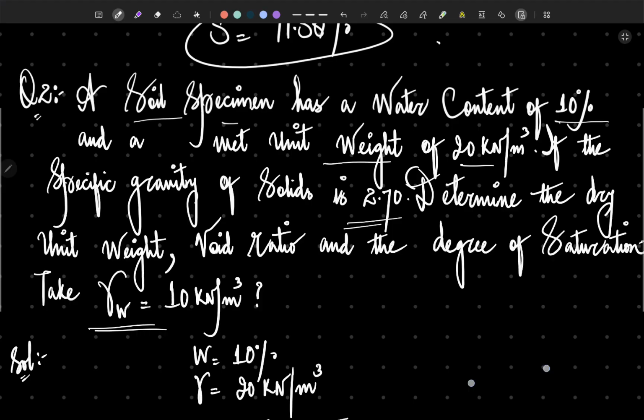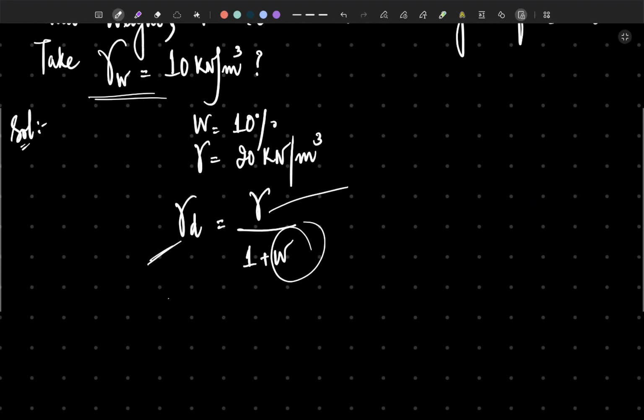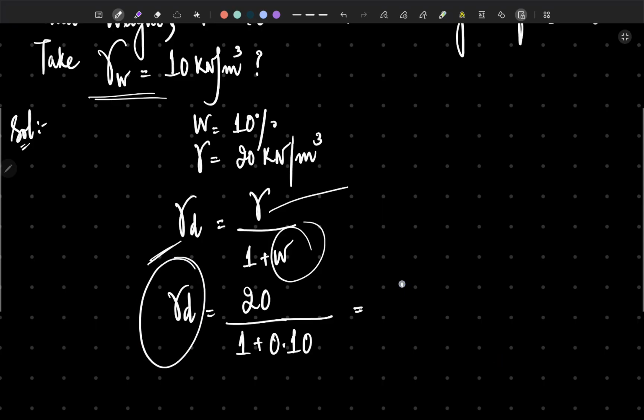All right, and let us substitute the values and go on finding the first thing, that is the dry unit weight. Bulk unit weight, how much? 20, divided by 1 plus water content, that is 10%. We have to use it as a decimal in computation. So by calculations, my dry unit weight is equal to 18.18 kilonewton per cubic meter.